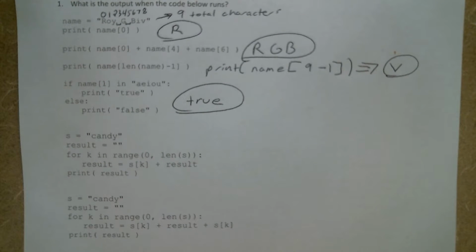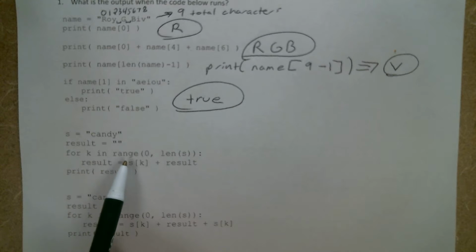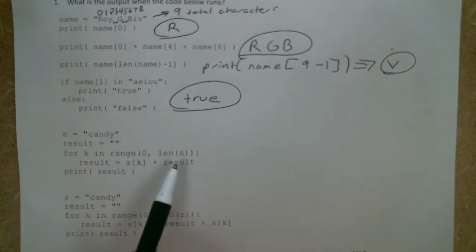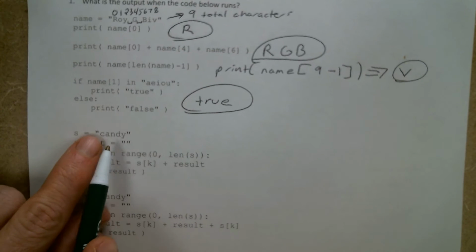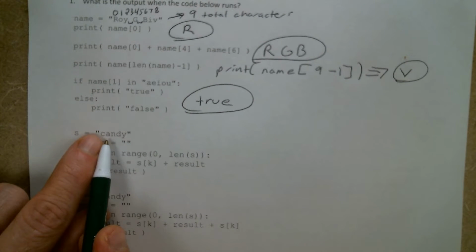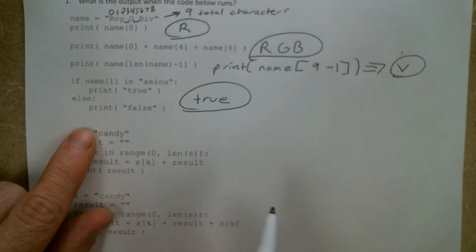All right, let's take a look at the next one that starts using loops. So S equals candy. Candy is delicious. Result equals an empty string. For K in range from 0 to length of S, but S is our string. So this is basically going to go from 0 to 1, 2, 3, 4, 5.